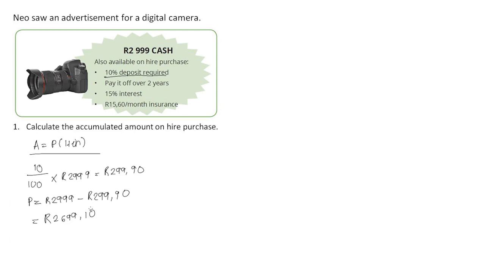Now, we can then calculate the accumulated amount on the hire purchase using this formula. P is our calculated principal amount value. I is given as 15% per annum. And N, which is the number of years, is given as 2 years.